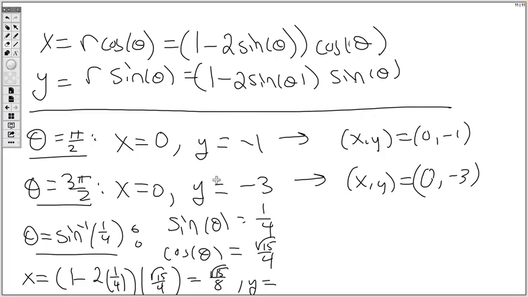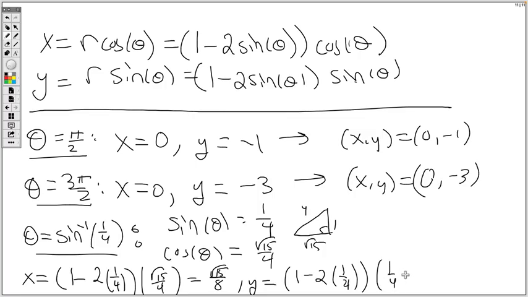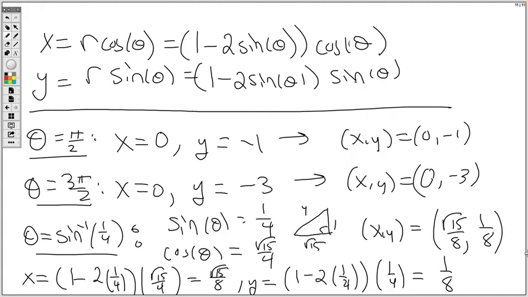I'm going to put this right over here. Y is 1 minus 2 sine times sine, which would give us 1/8. You follow or not, folks? Okay.